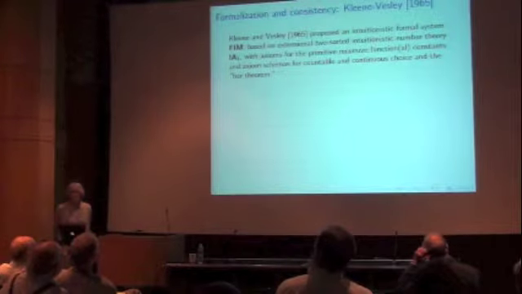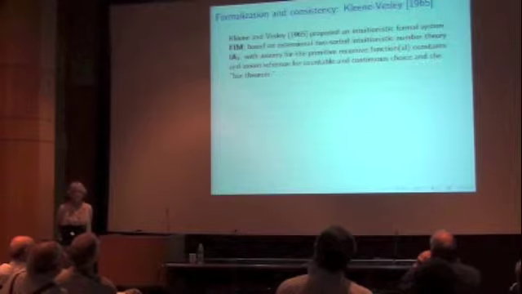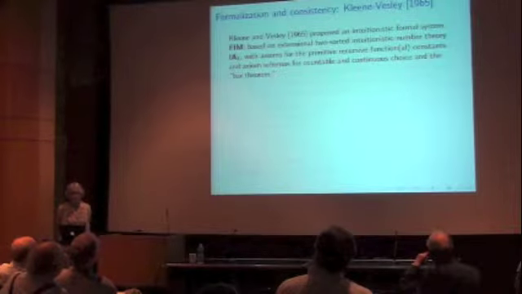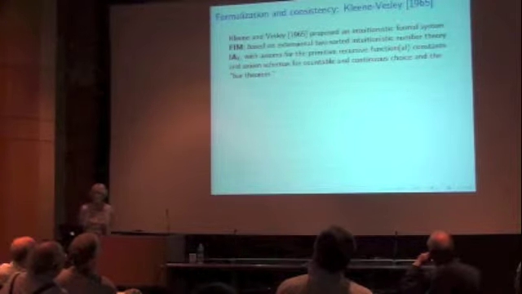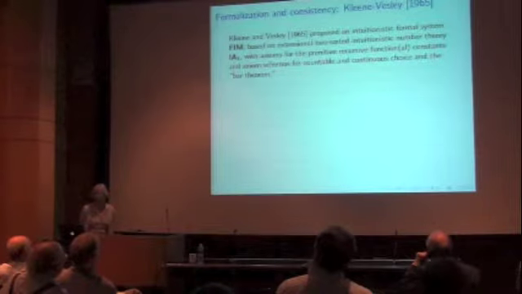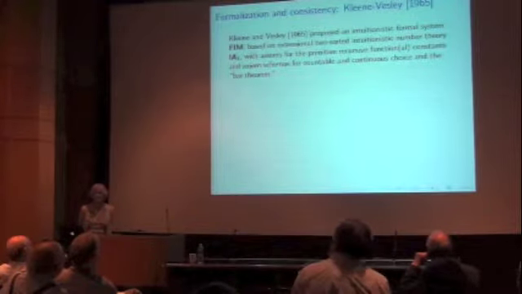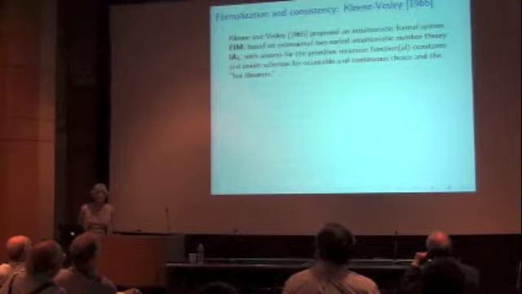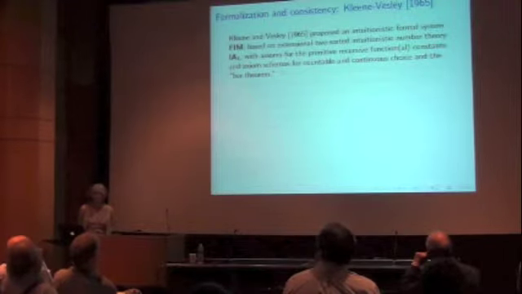So in order to verify the consistency of Brouwer's analysis, and also to make it more comprehensible to mere mortals, Kleene and Vesley published an intuitionistic formal system, which I'll call FIM after the name of the book, Foundations of Intuitionistic Mathematics, especially in relation to the theory of recursive functions.